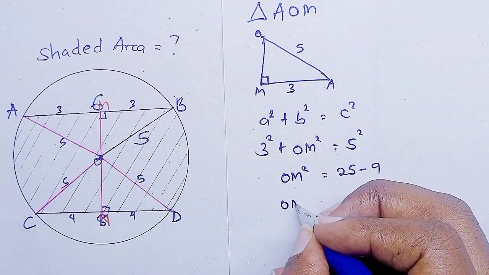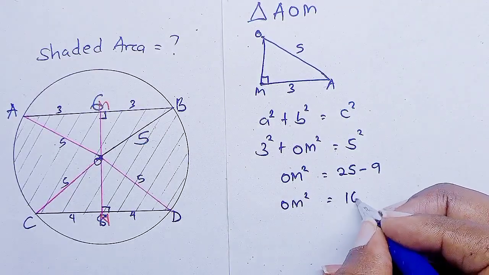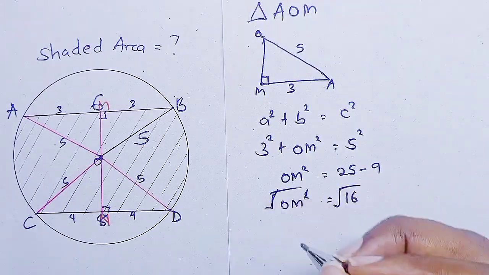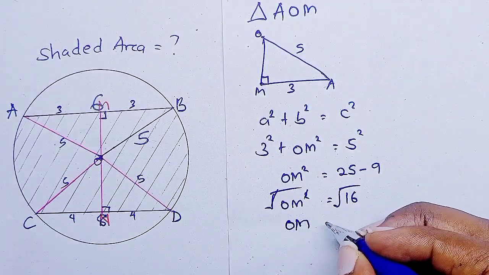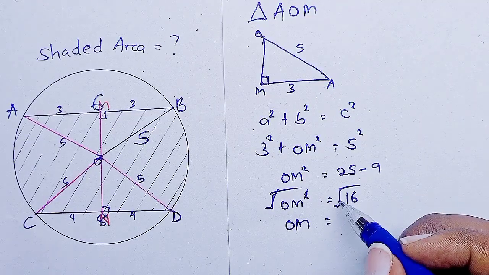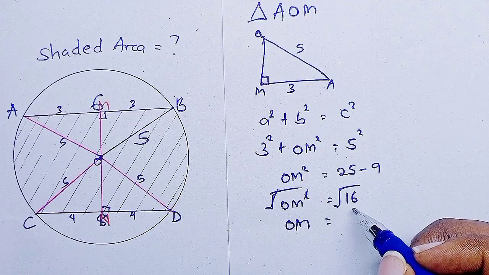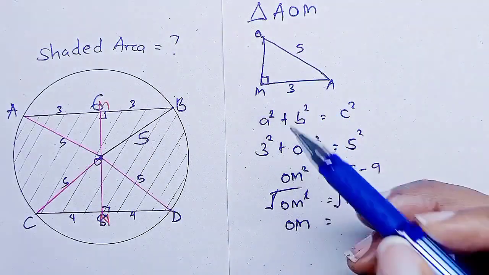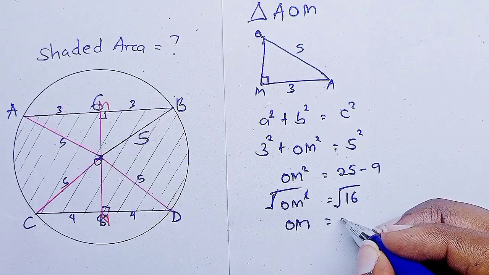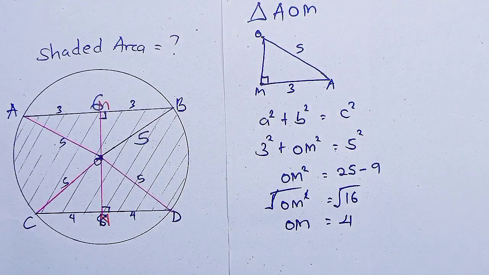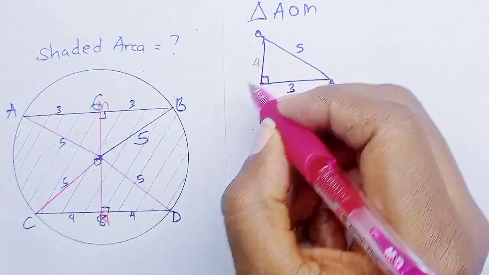So OM squared is equal to 16. Find the square root on both sides. This cancels with the root. So OM is equal to 4. Ideally, it's supposed to be plus or minus 4, but we cannot have a negative value for a side. So we take positive 4. So this here is 4. OM is 4.